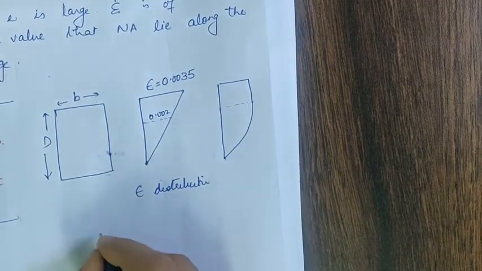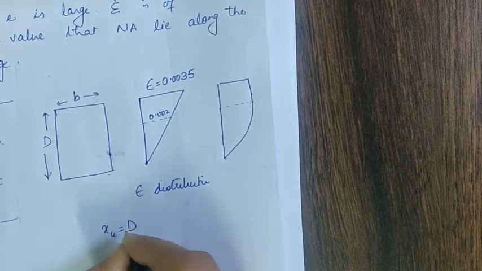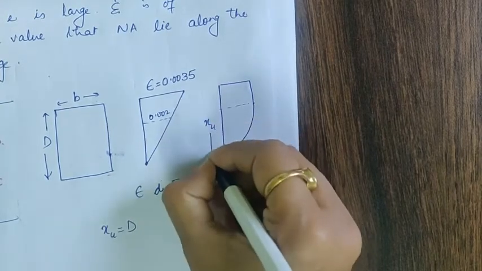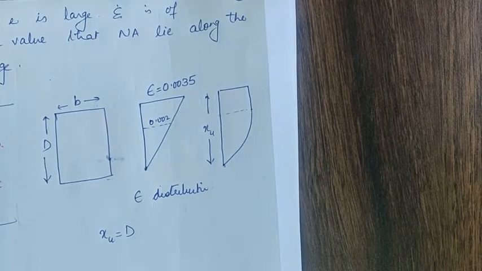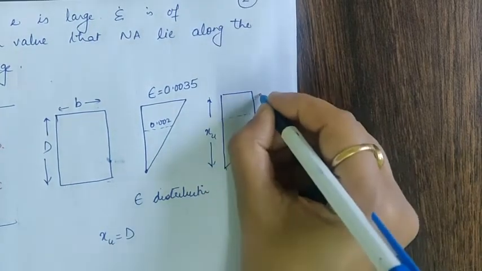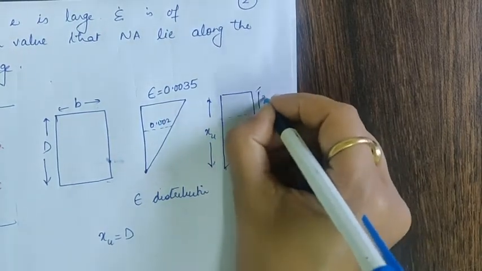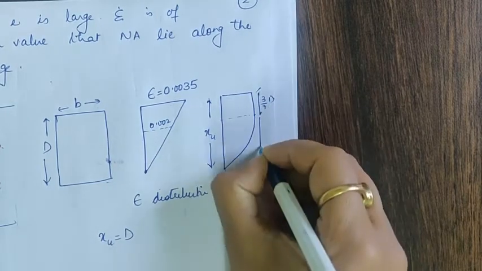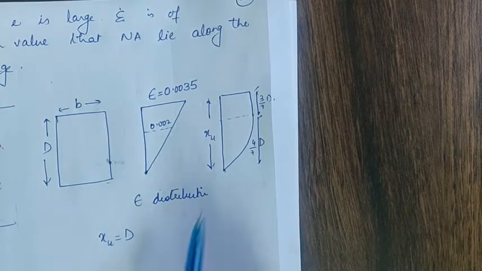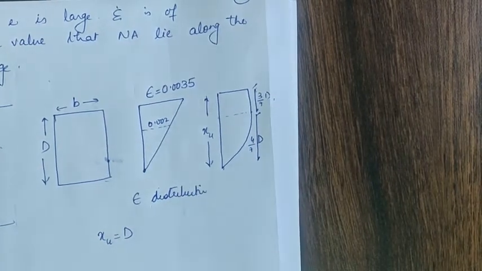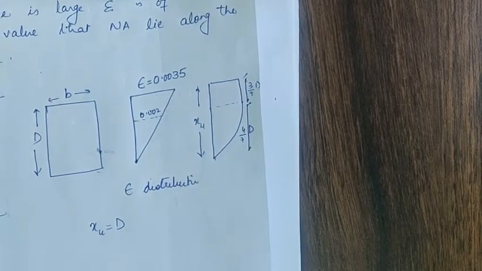So in this case your XU becomes equal to the depth, that is, the neutral axis will be equal to the depth. Clear? We all know this value will be 3 by 7 D and this value will be 4 by 7 D from the basics of this equation. Is it okay? So this is case 3.